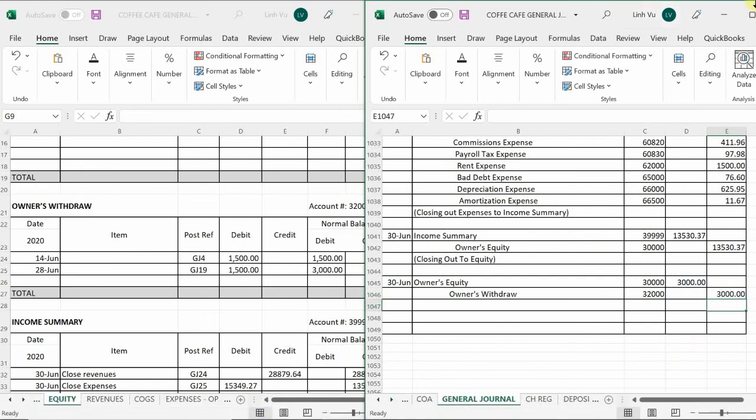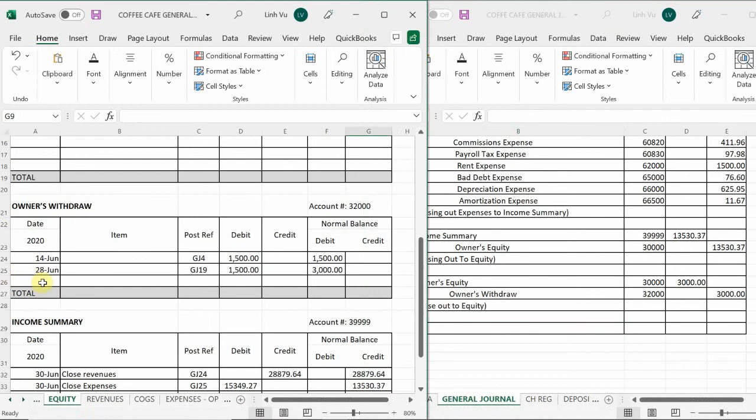Then last note here is that I am going to close out to equity. Okay. So let's go ahead and complete that.